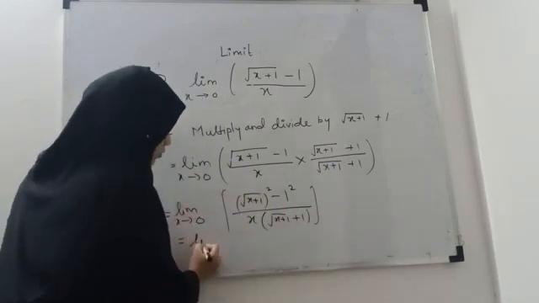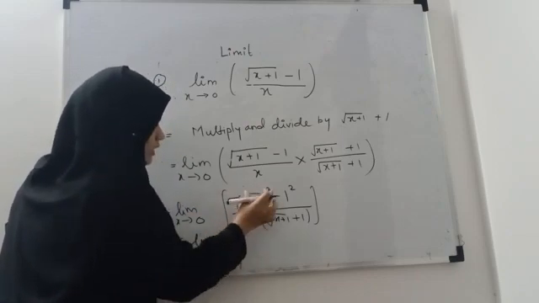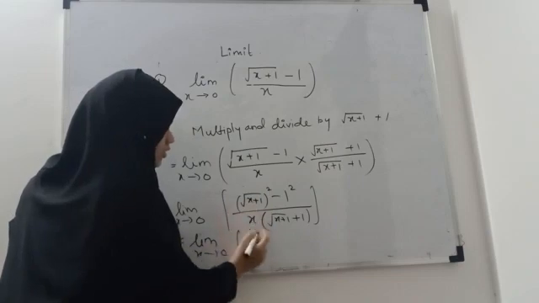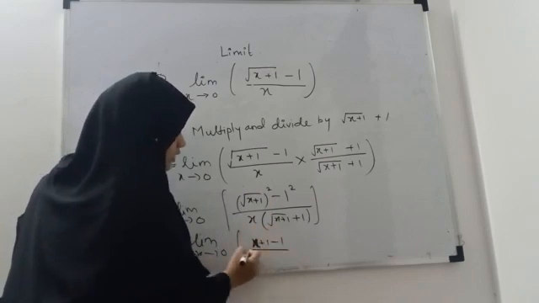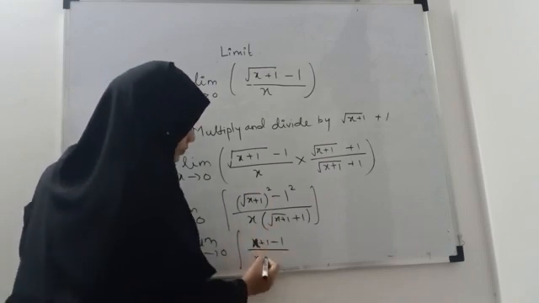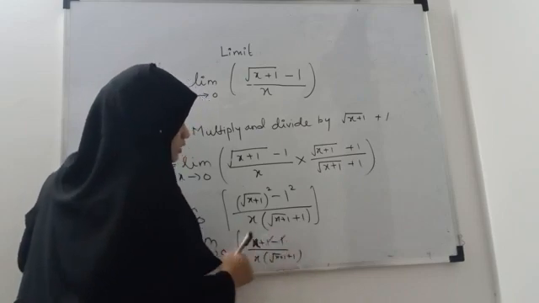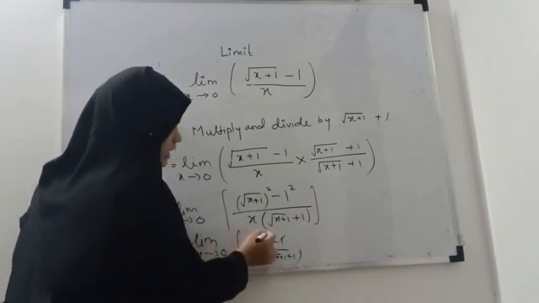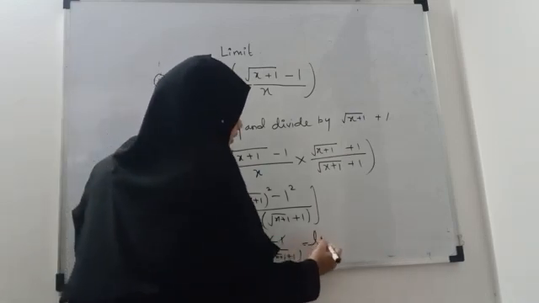Now if you apply the square, the square root will go away. It gets cancelled with the square. Minus 1 upon x into root x plus 1 plus 1. So this and this will get cancelled. You will be left with x. Now this x and this x will also get cancelled.